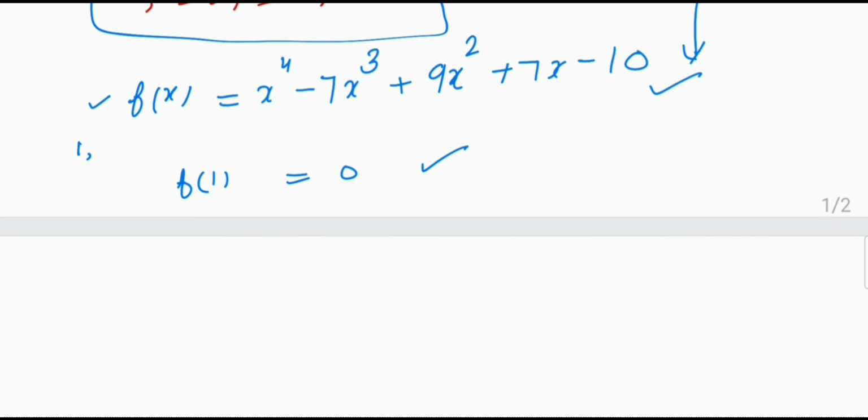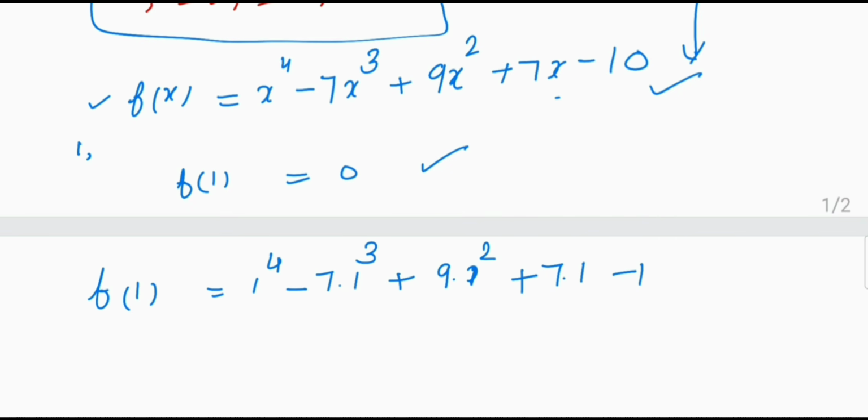Now we'll put this 1 here and see whether f(1) is equal to 0 or not. So f(1) is equal to 1 raised to power 4 minus 1 raised to power 3 plus 9 times 1 raised to power 2 plus 7 multiplied with 1 minus 10.